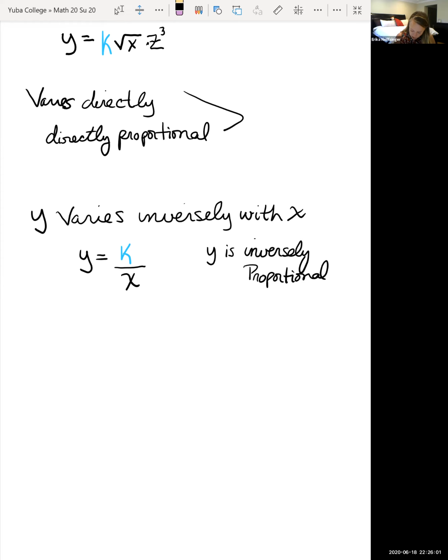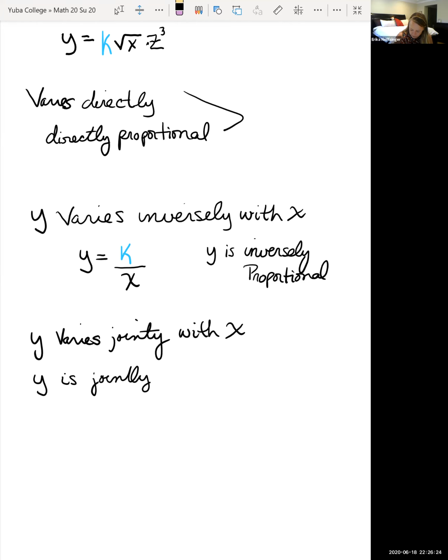So if it says y varies jointly with x, or the other way with the proportionally would be y is jointly proportional with x.